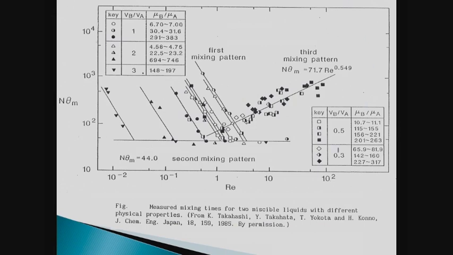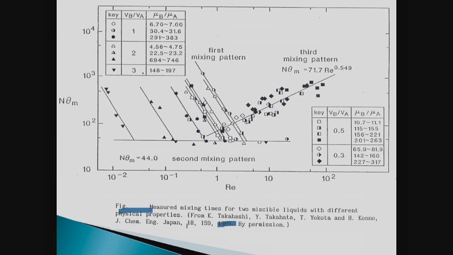This is some interesting data. 1985, much better. Different physical properties. And this is with a helical ribbon, right? What they found was they had several different types of mixing patterns. They had a second mixing pattern at the bottom, where n theta was 44. And they have another mixing correlation going up like this.